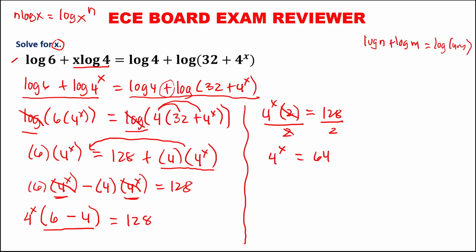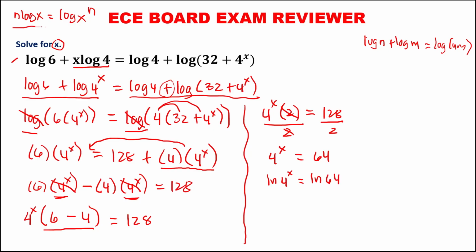Then to solve for x, we can use the logarithm or the natural log. So we need to take ln of both sides. So we have ln 4 to the power x equals ln 64.